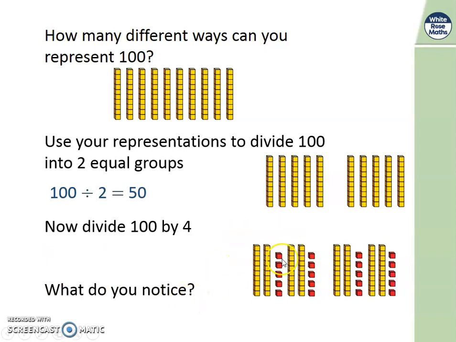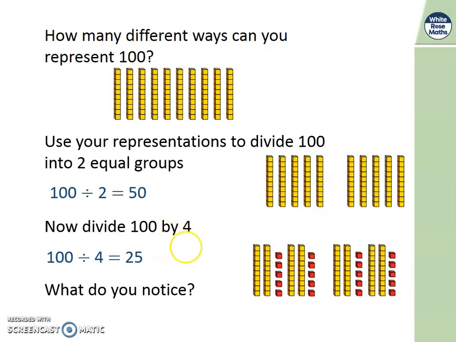So now I've taken this 10 and made it into 2 5s, and I've taken another 10 and made it into 2 5s. I've now divided my 2 groups here down into 4 groups. In here, I've got 2 10s and 5 1s. That's 25. And each group has the same. So 100 divided by 4 is 25.